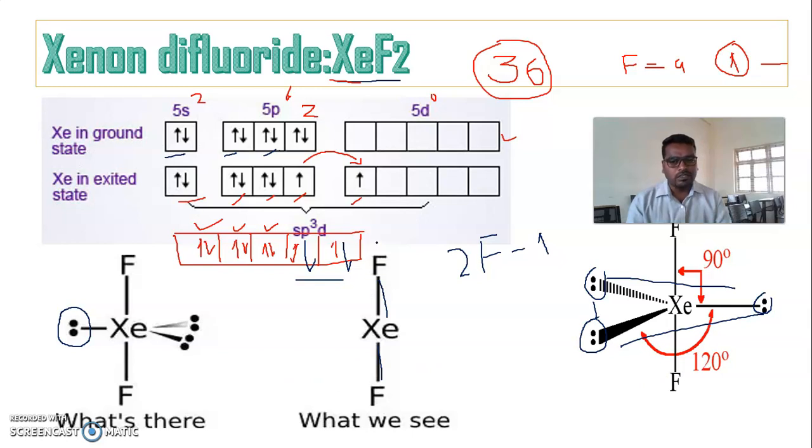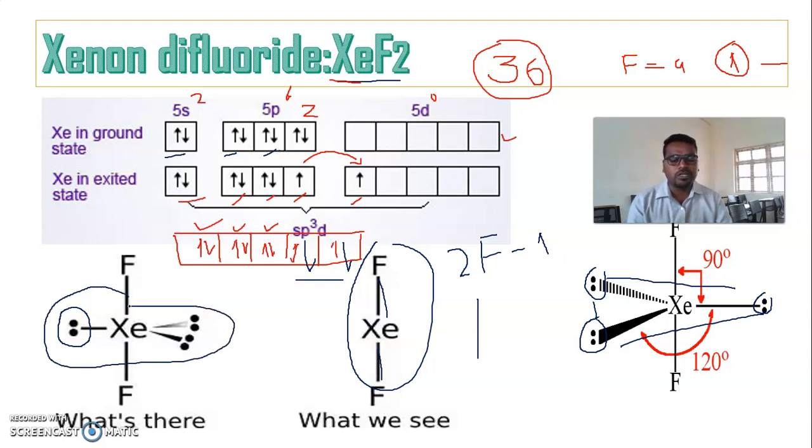So actually the geometry is linear. Xenon difluoride is a linear molecule, but the three lone pairs of electrons are present at equatorial positions. These do not affect the geometry. That's why it is linear in shape.